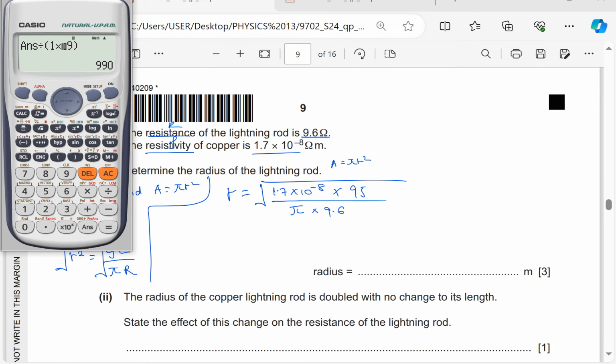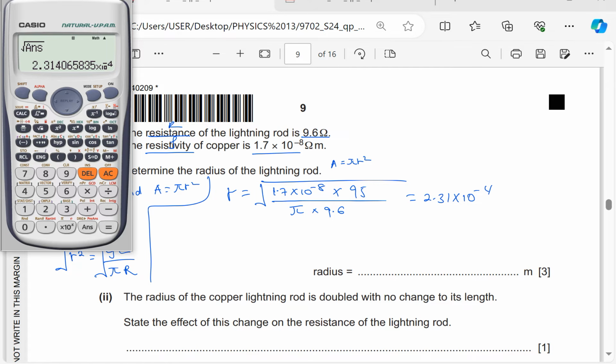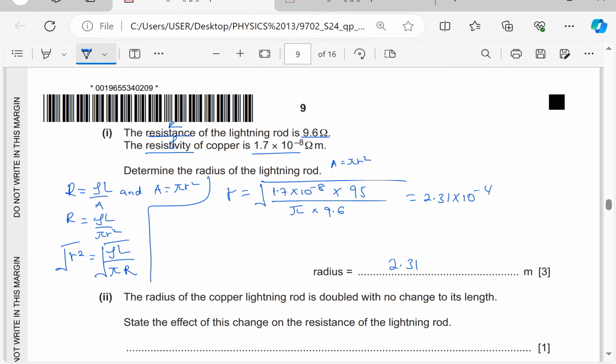So checking my calculator, I have 95 times 1.7 exponent minus 8, divide by, shift pi times 9.6, then under the square root. So this is giving me 2.31 times 10 to the power of minus 4. So I'll write here 2.31 times 10 to the power of minus 4.